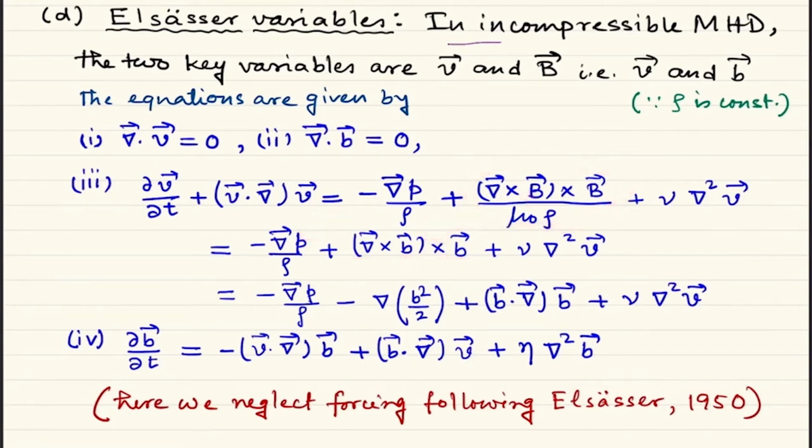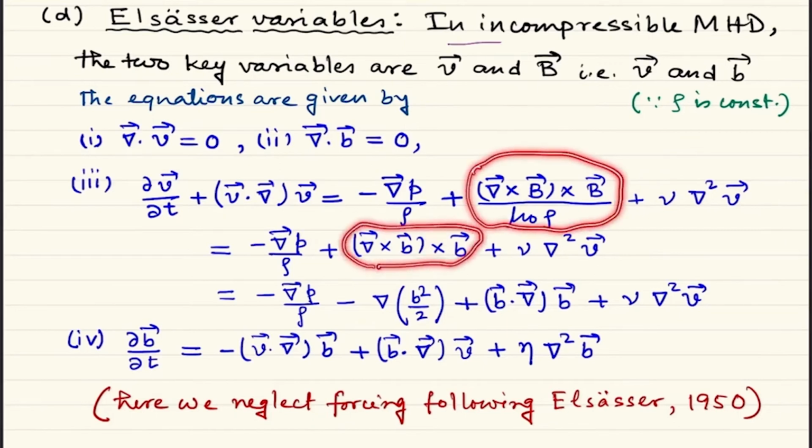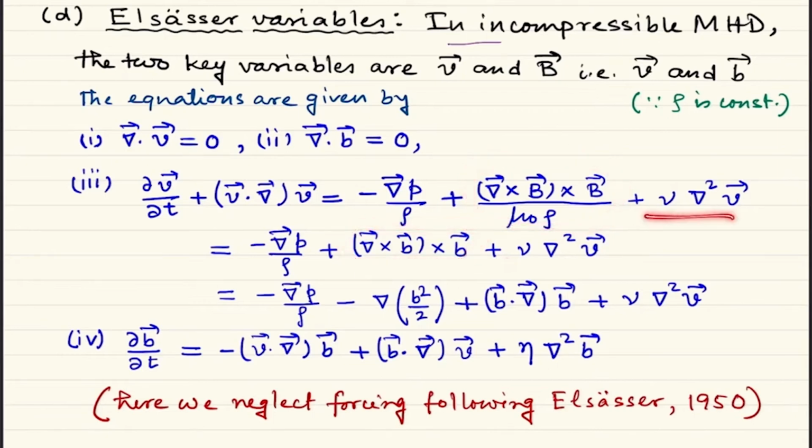So the total equation will have the simple expression as curl of small b cross small b plus again the viscous term, and then by using the famous vector identity, you can write this one as equal to minus gradient of b square by 2 plus b dot nabla b. So this treatment we have already seen when we introduced magnetic pressure and magnetic tension right from the Lorentz force.